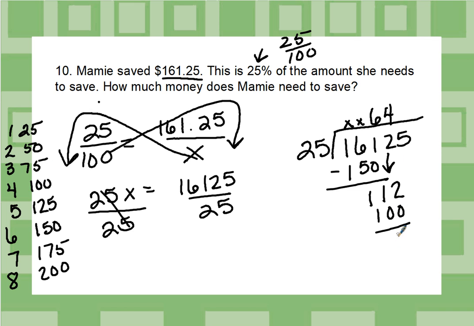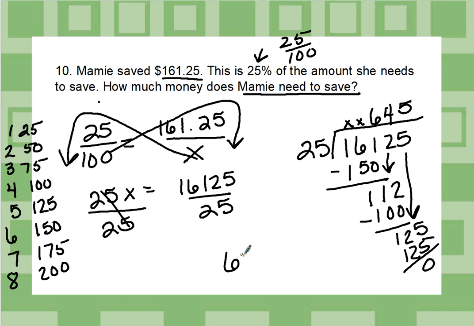And we're going to subtract, and we get 12, and we bring down that 5. Oh, look, perfect. 125, which is the number 5, came out exactly. And there's no decimal, so she needs to save $645.